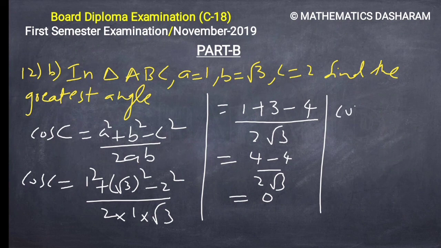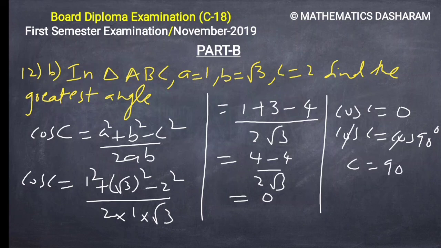So cos C is 0, but 0 we can write as cos 90 degrees. Then cos cancels, angle C equals 90. So the greatest angle is 90 degrees.